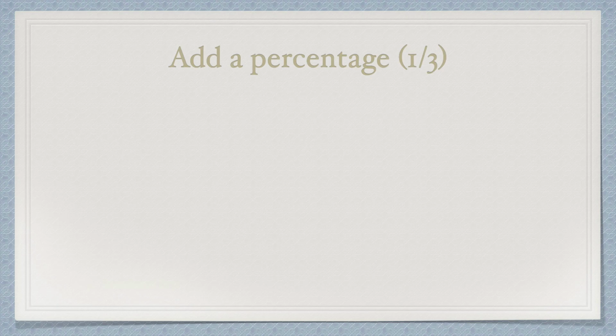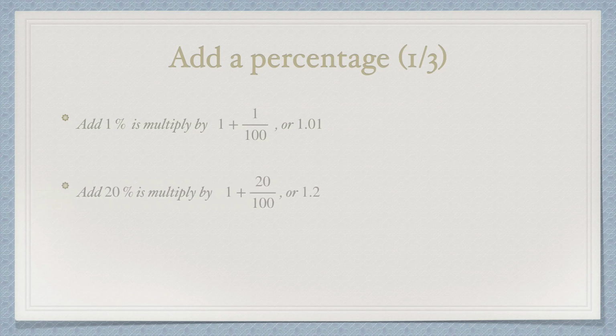Add a percentage is a multiplication. Like take a percentage. Add 1% is multiplied by 1 plus 100th or 1.01. Add 20% is multiplied by 1 plus 20 over 100 or 1.2. Add 75% is multiplied by 1 plus 75 over 100 or 1.75.